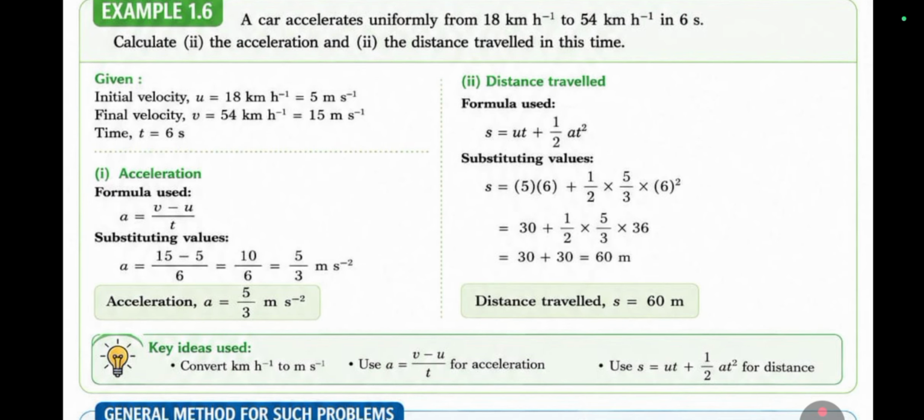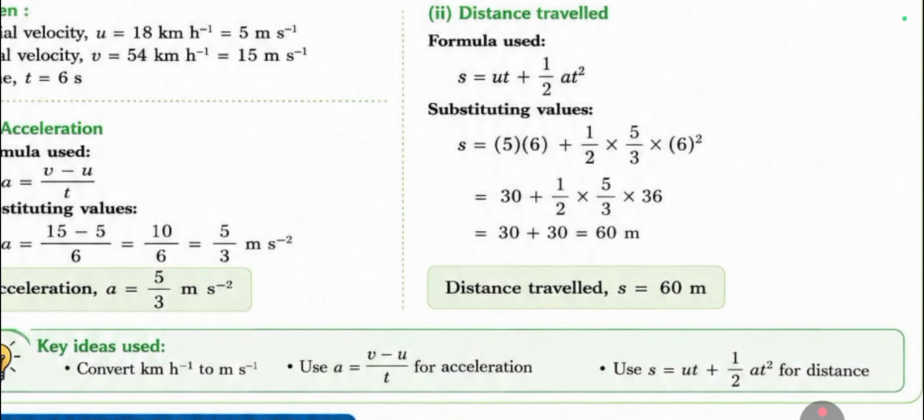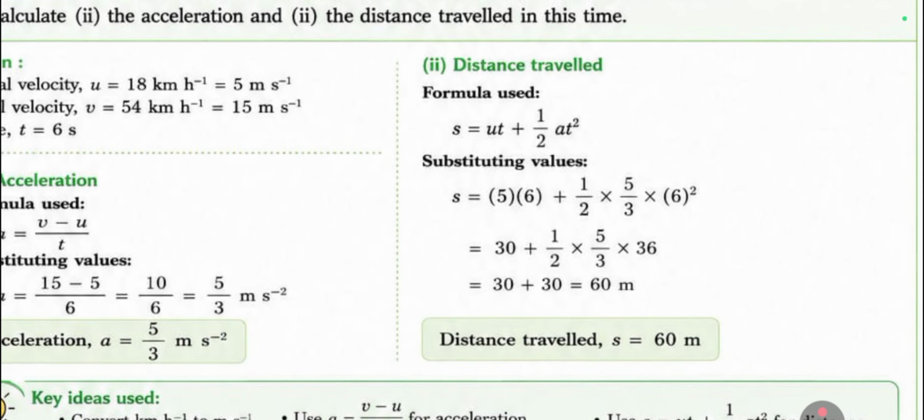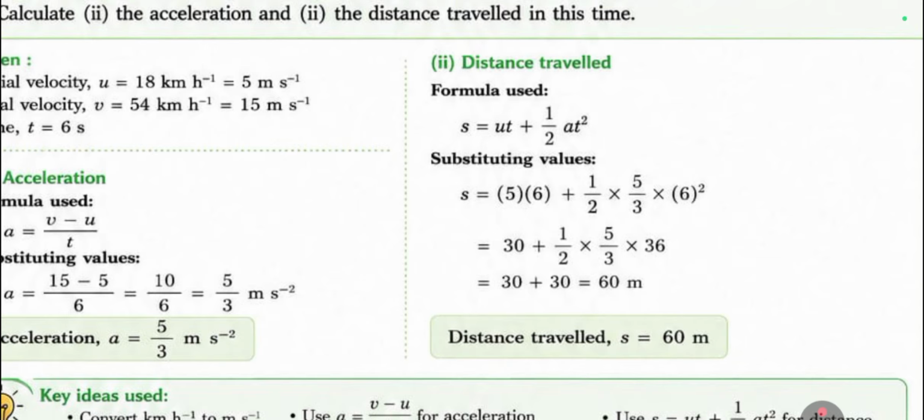And distance, second problem. What formula did we use in the first problem? Here you have to use that formula also. So s is equal to ut plus half at square. Now substituting the given values, s is equal to 5 into 6 plus half into 5 by 3 into 6 square.